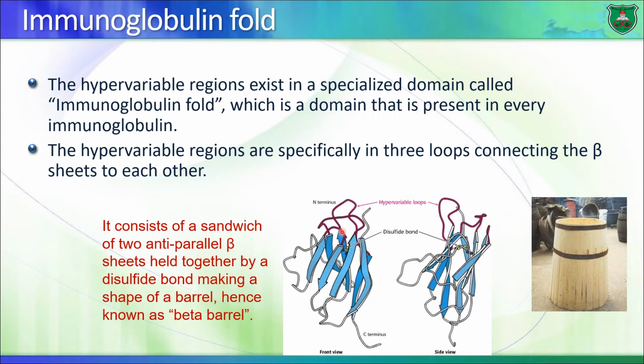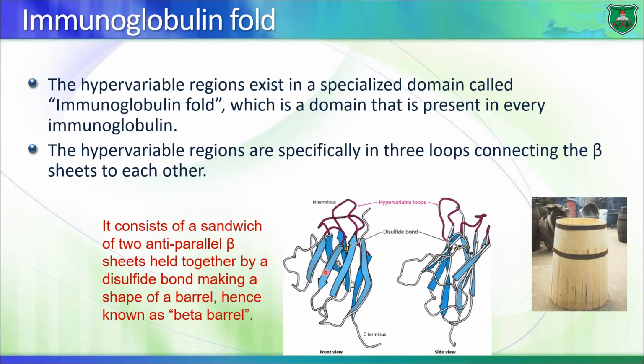So there is this structure right here, and this loop is part of a larger structure that is full of beta strands. So this is a beta sheet structure, and extending to the outside you have these loops, and it's these loops that actually recognize and interact with antigens.